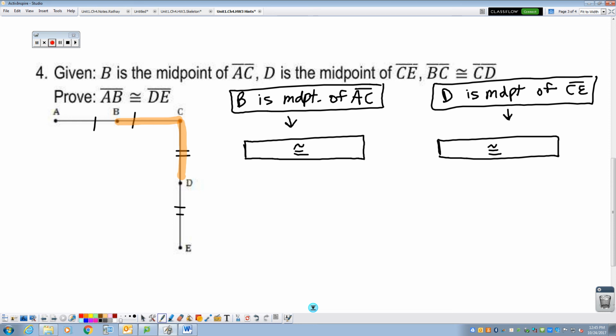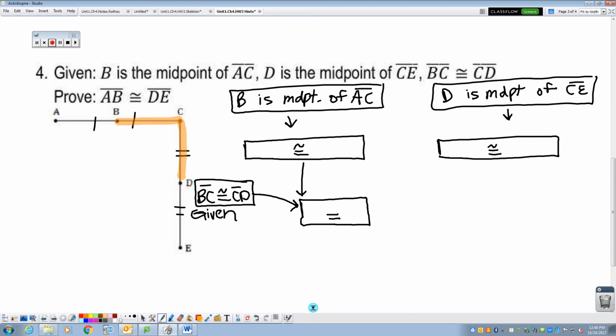Now we had our third given that says BC is congruent to CD. If we pair that given with the conclusion we had in this box, it will lead us to a new conclusion.